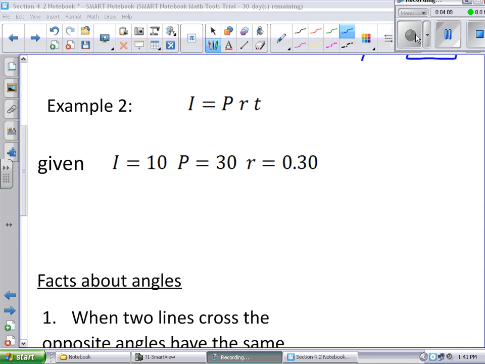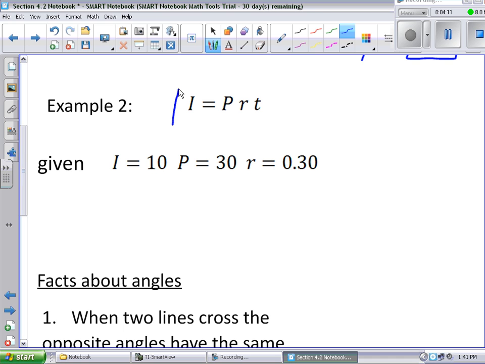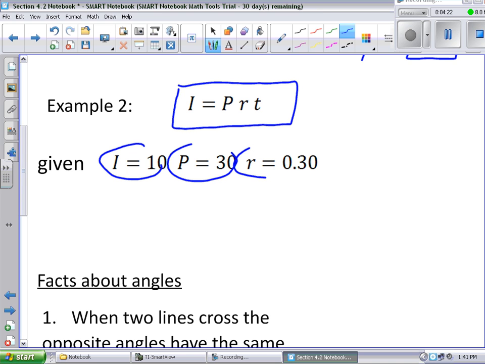Example 2. Interest is equal to PRT. Now here on my interest formula, there are 4 variables, and I'm given 3 of them. I'm given the interest, I'm given the principal, and I'm given the rate.